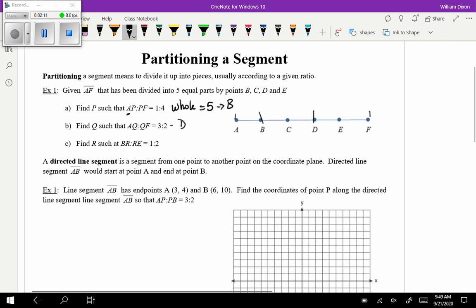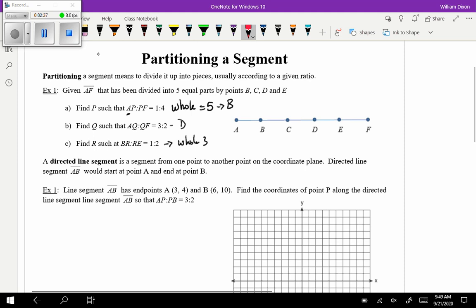Because C is different. It says find R such that BR to RE equals 1 to 2. Well, now we have 3 whole pieces. Now, where am I starting? This is important. Let me erase this so that it's not confusing.